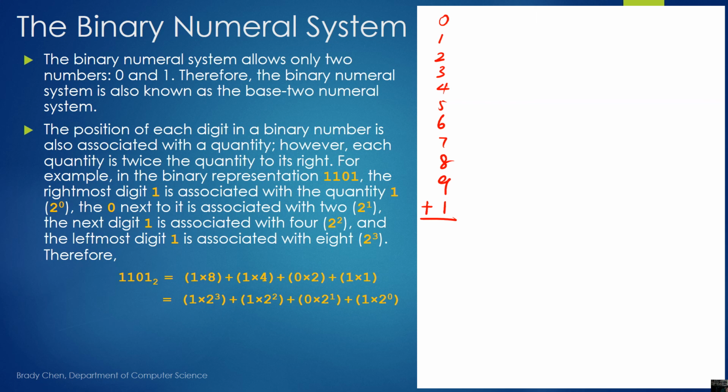So we reset the ones position to 0, and then we create a new placeholder called the tens position. So we write the number 10 as 1, 0. So that's the tens position, and this is called the ones position.